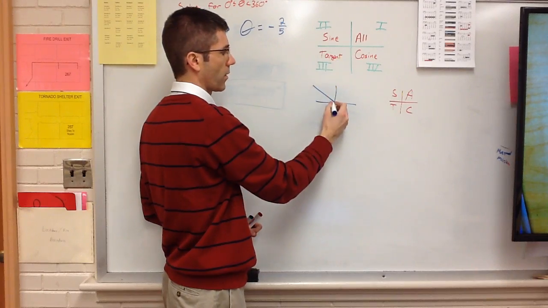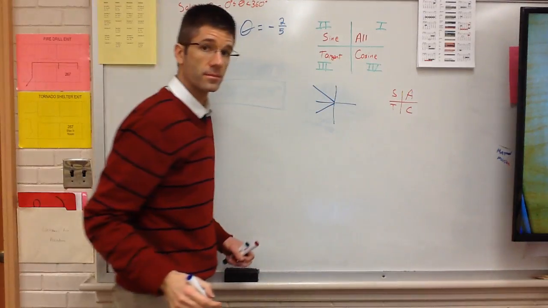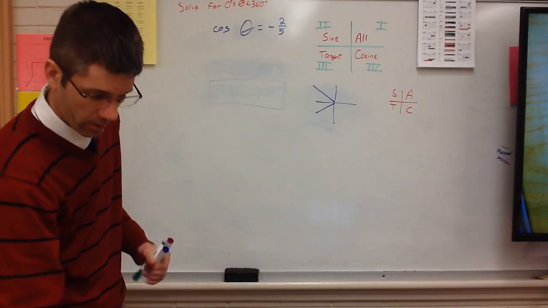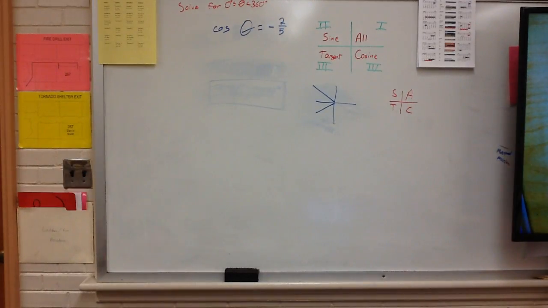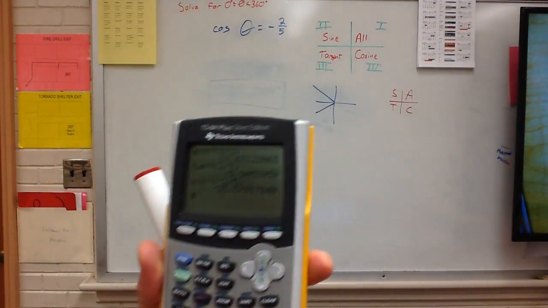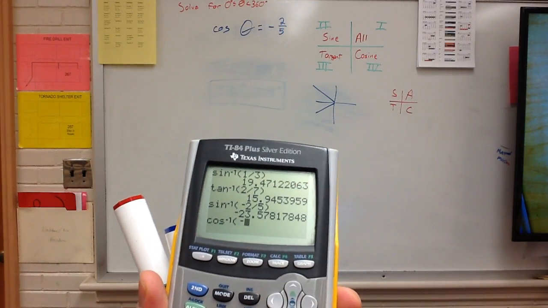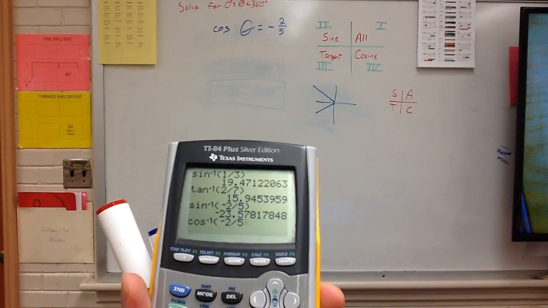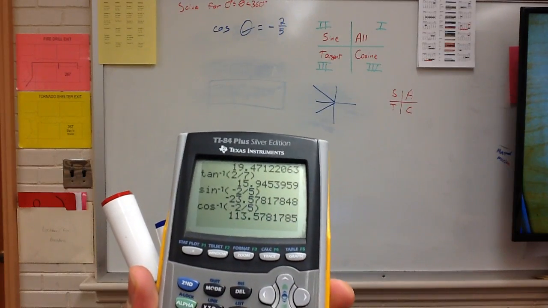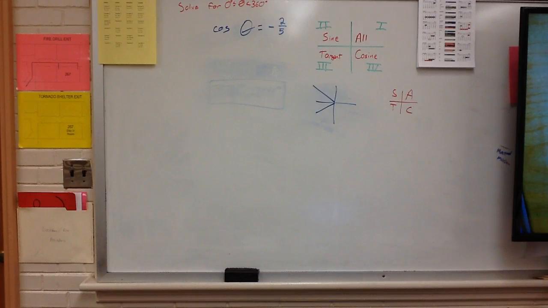It will be here. It won't be there. All right, so we grab our calculator and we start typing. Inverse cosine of negative 2/5. And we have 114 degrees.